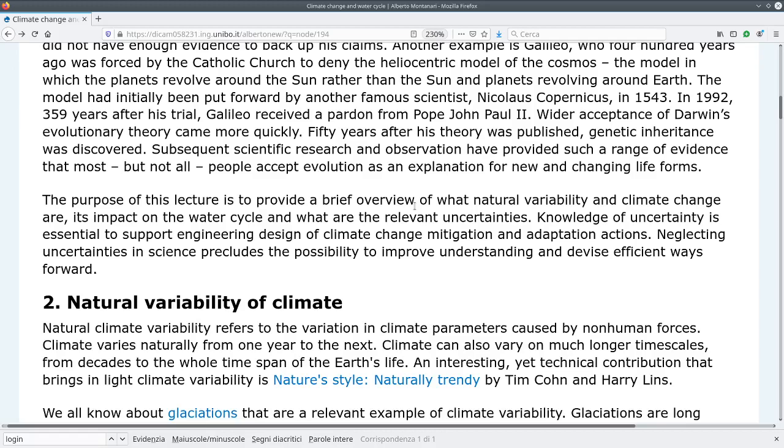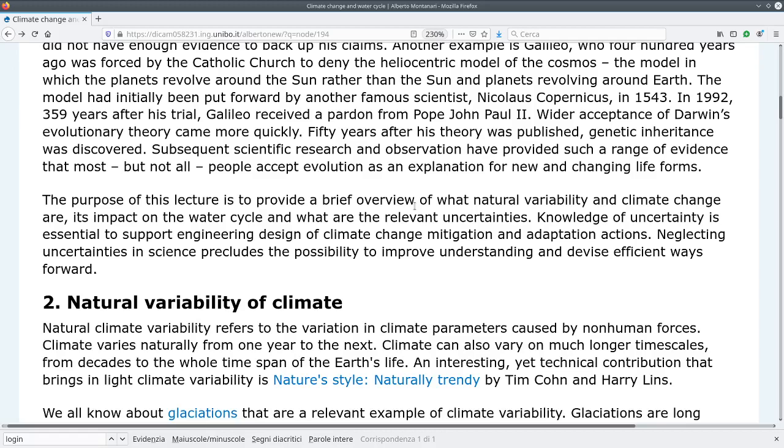They try to compare model results with observations. This is the approach of the engineer. A climate scientist usually doesn't like this kind of approach because it's not easy to find observations for comparison with climate models, and therefore what they tend to do is compare models with each other.